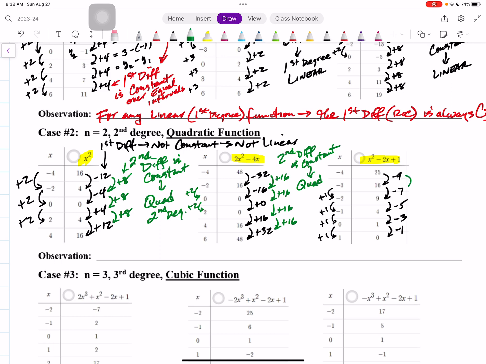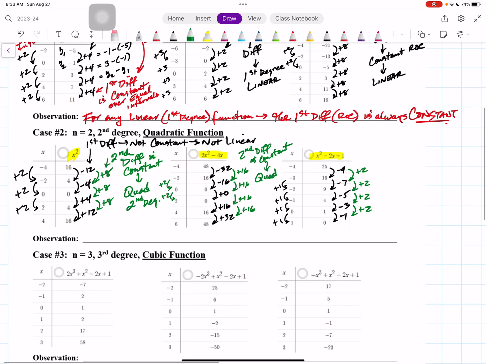And so you keep on doing this until you get a constant rate of change. So from negative 9 to negative 7 is an increase of 2. From negative 7 to negative 5 is an increase of 2. From negative 5 to negative 3 is an increase of 2. And from negative 3 to negative 1 is an increase of 2.